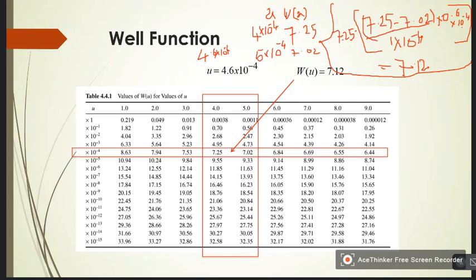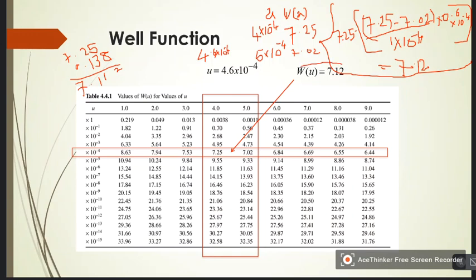So this is 0.23 into 0.6, which gives 7.112.